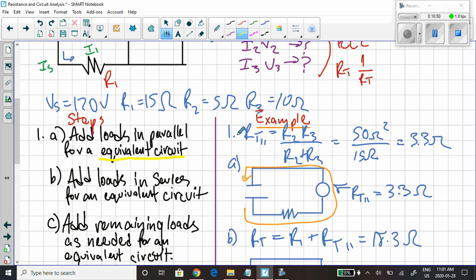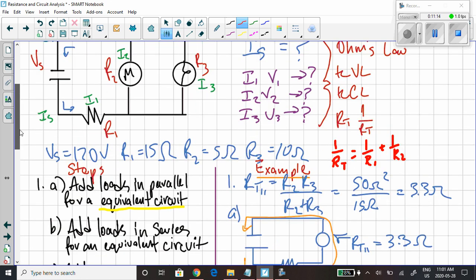So it's a little bit different than this one, right? 1 over R total is equal to 1 over R1 plus 1 over R2, right? Remember how I taught you that a few moments ago? This is an alternate way of doing it. You multiply the two of them together, then you add the two of them together in the denominator. So let's see how that works for this one.